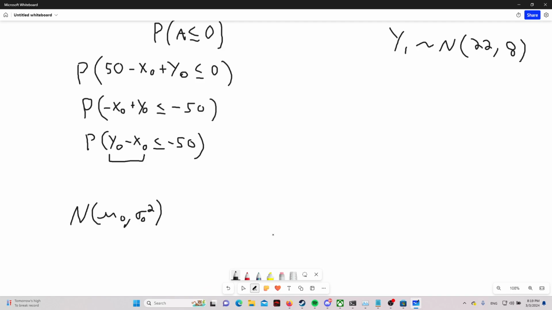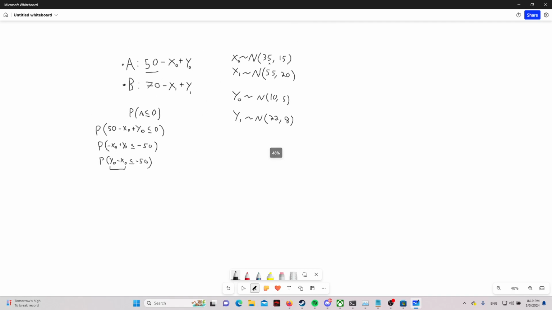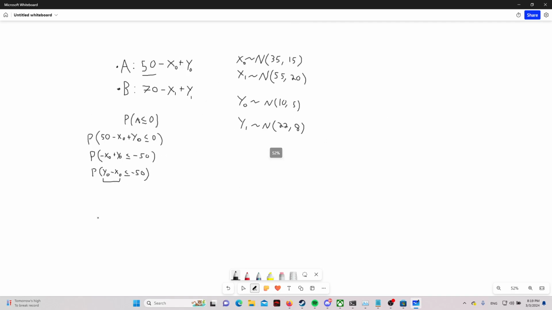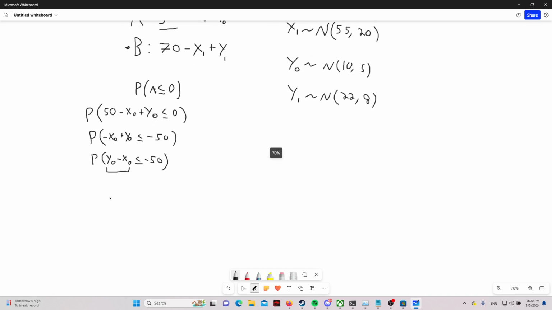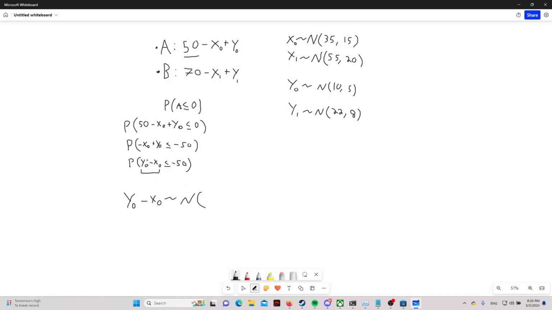But we will be able to use that here, because since y0 and x0 are normal distributions, this actually boils down to a convenient form where y0 minus x0 follows a normal distribution with mean 10 minus 35, which is negative 25. And then the variance is the sum of the variances.